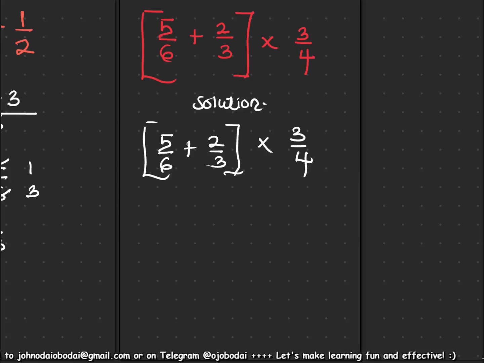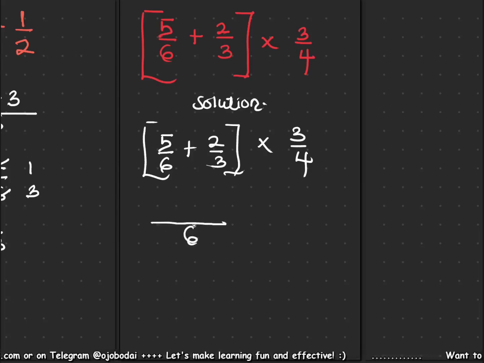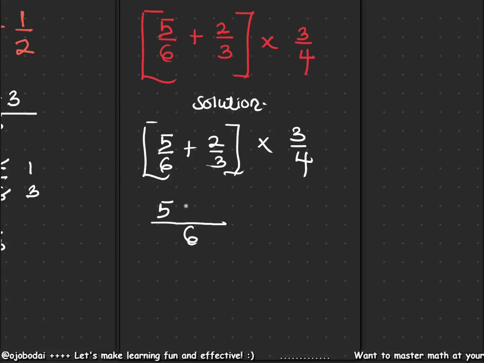This here, 5 over 6 plus 2 over 3. What is the LCM? Because we are adding. For addition, that is where we go the LCM way. So our LCM here is 6. And 6 divides 6 once. 1 times 5 gives us a 5. Then we come to the 3. 3 divides 6 twice. 2 times 2, we have our 4.